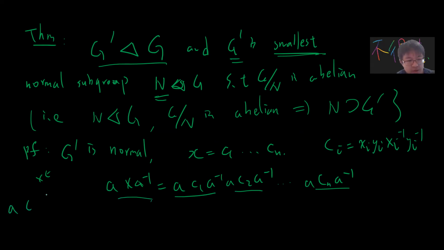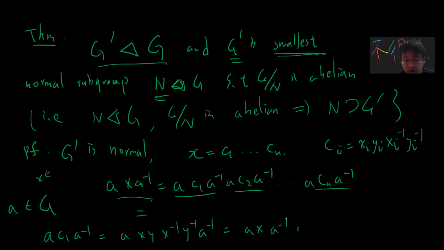So let's take A belonging to G, and we need to check that this is still written as a product of commutators. But this is trivial, right? Because you can check that A C1 A inverse will be A x y x inverse y inverse A inverse, which is A x A inverse, A y A inverse, A x A inverse inverse, and A y A inverse inverse.